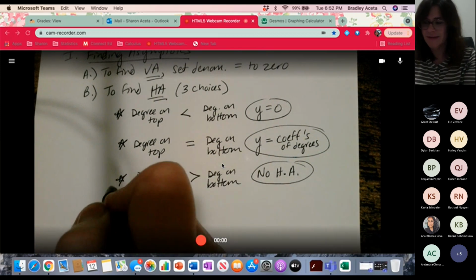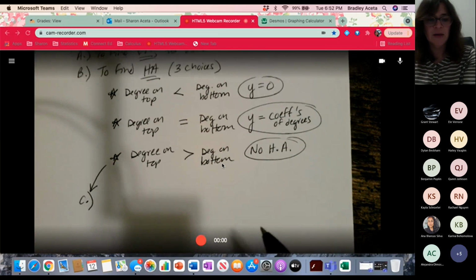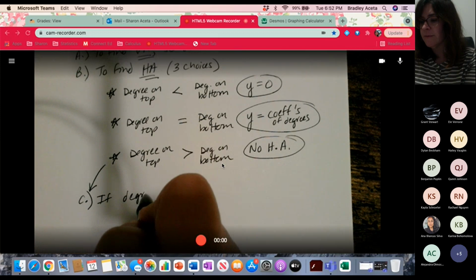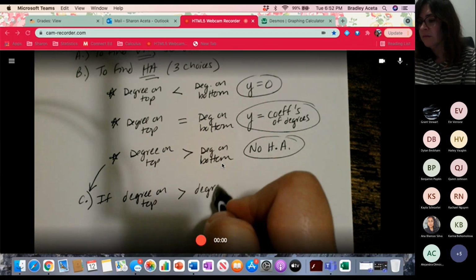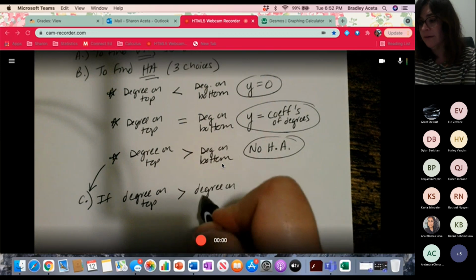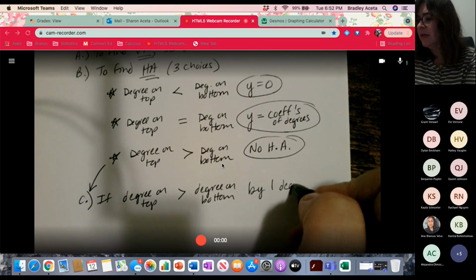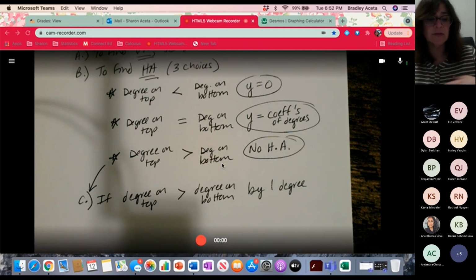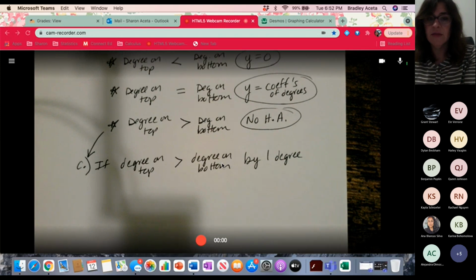However, there could be a part C. If the degree on top is bigger than the degree on bottom by 1 degree, meaning, let's say on top I had an x cubed polynomial and on bottom I had an x squared, that would be by 1 degree. That would have no horizontal asymptote, but it could have this asymptote.